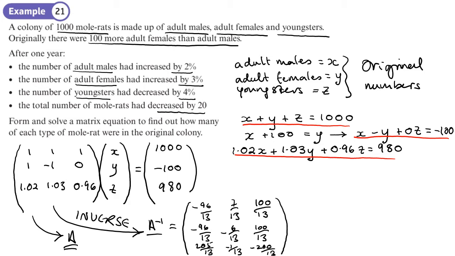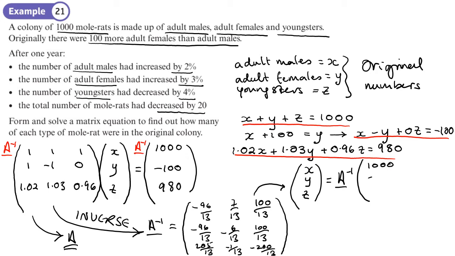Now I'm going to apply this inverse matrix to both sides. Okay, so let's just write that down. So I'm going to do A inverse here, A inverse here. So what I'll be left with is XYZ, XYZ is going to be equal to this inverse matrix multiplied by 1000, negative 100, 980.